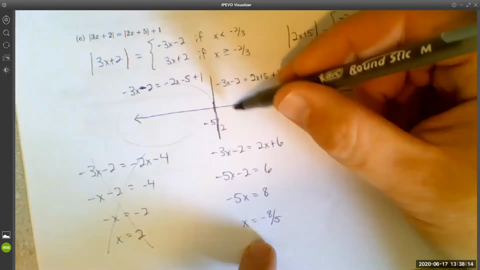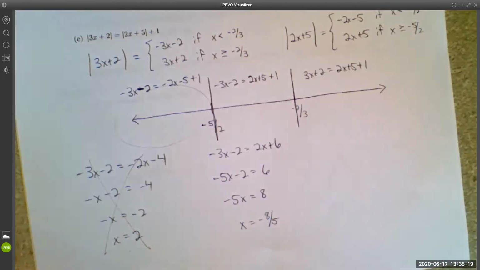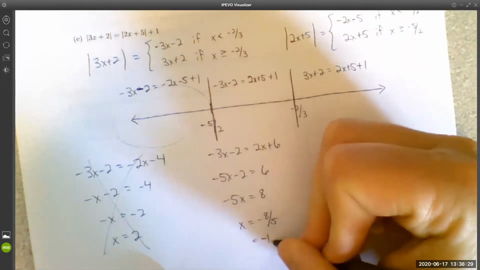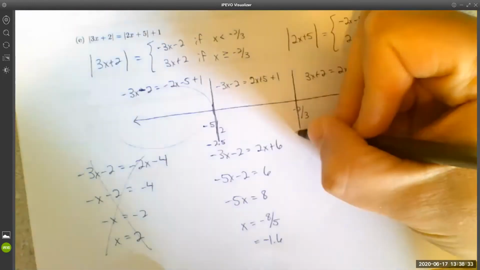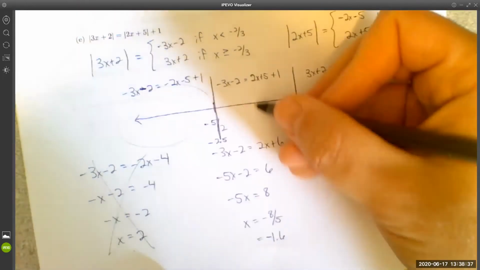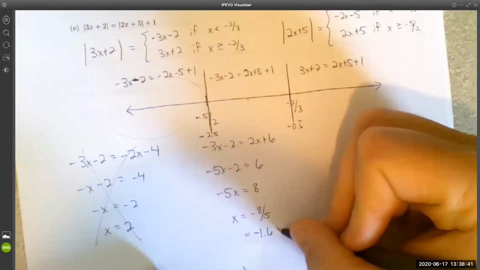Is negative 8/5 inside of this region between negative 5/2 and negative 2/3? Well, let's see. Oh, I think so, right? Negative 8/5 is negative 1.6, right? So this is negative 1.6. This thing right here is negative 2.5, and this is like negative 0.6 repeating forever. So negative 1.6 is definitely inside of this region, for sure. So there's a solution.